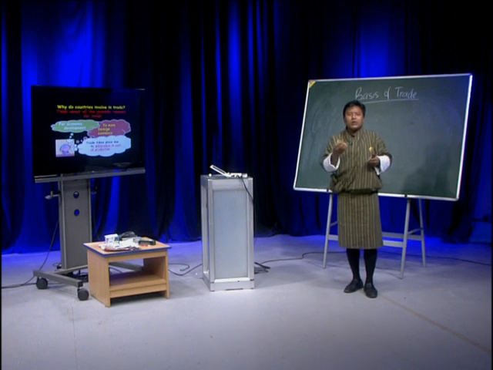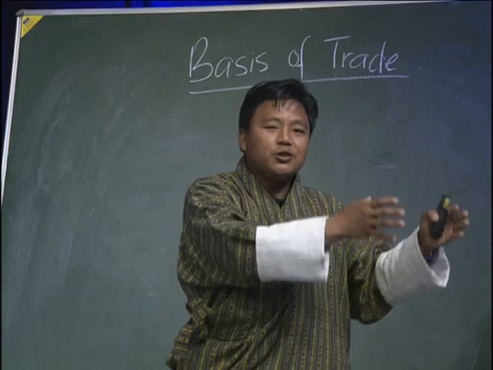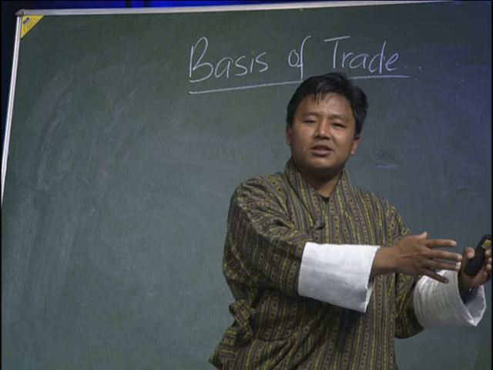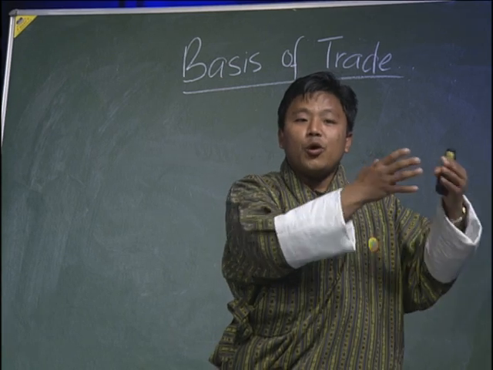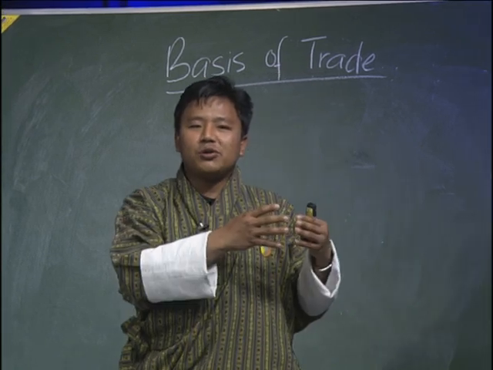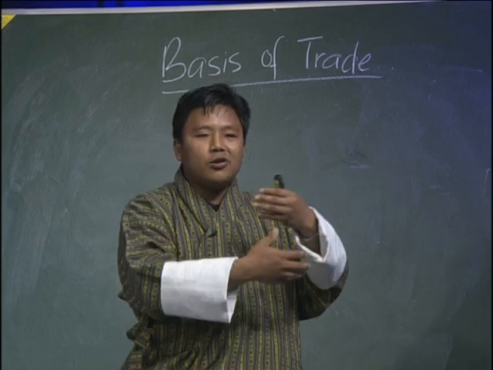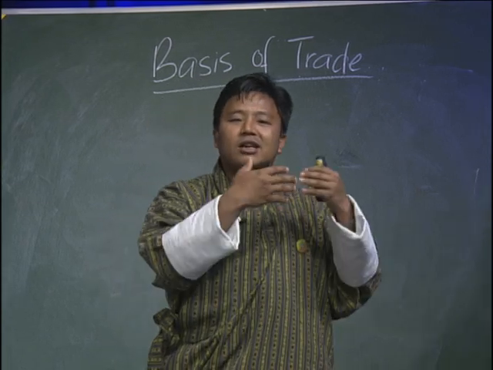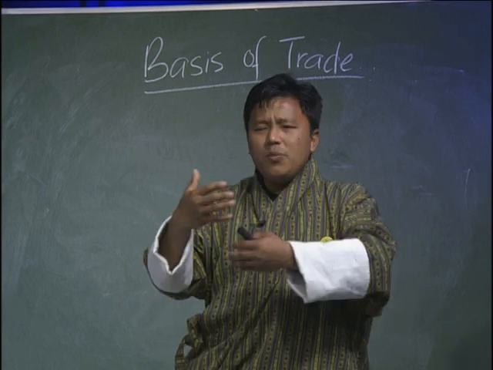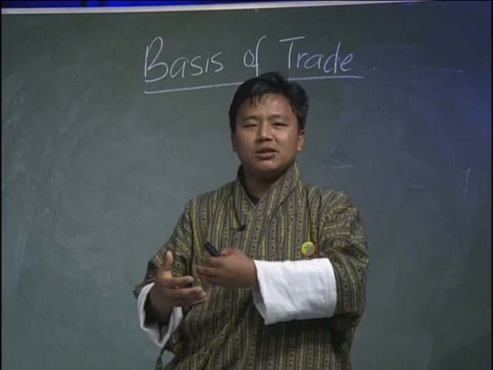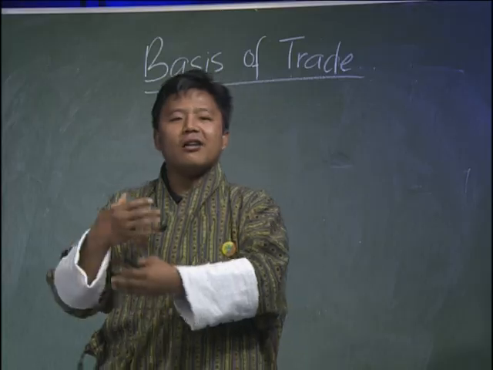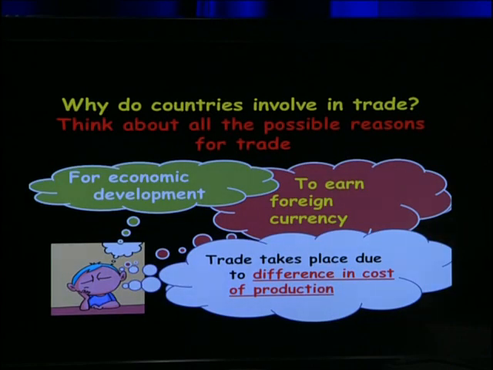The country will specialize in production of those commodities which they can produce at a lower cost of production, and the country will import those commodities which have a higher cost of production.